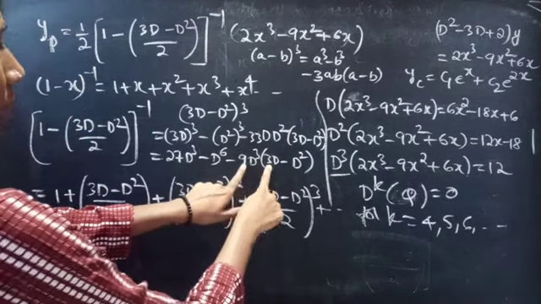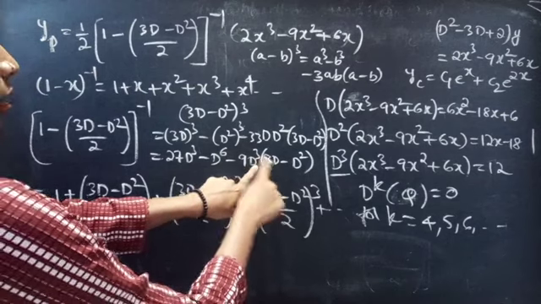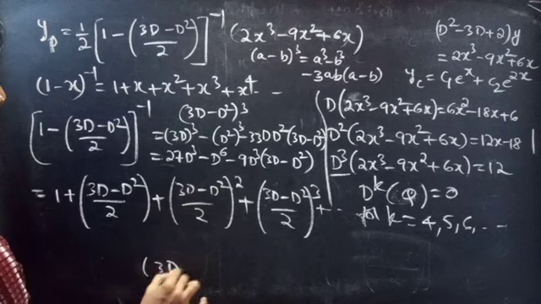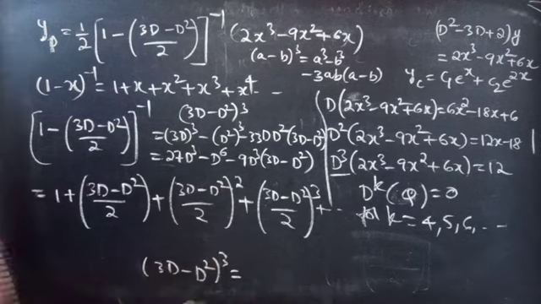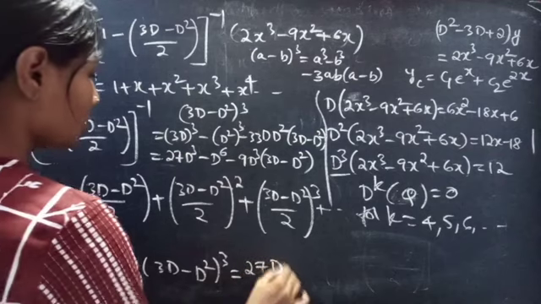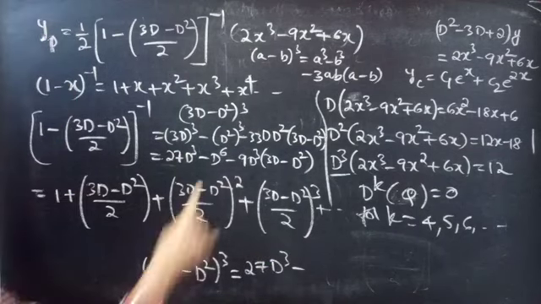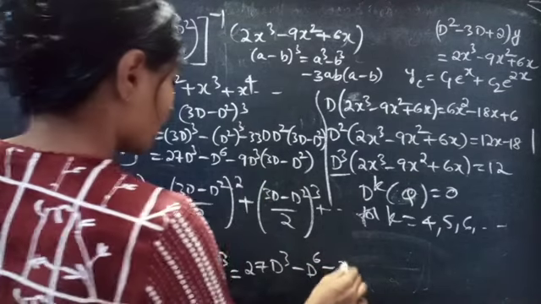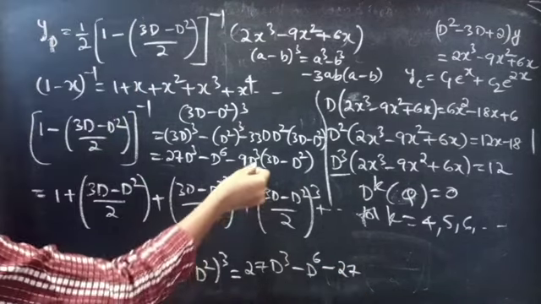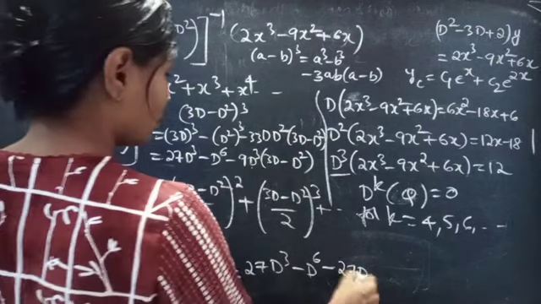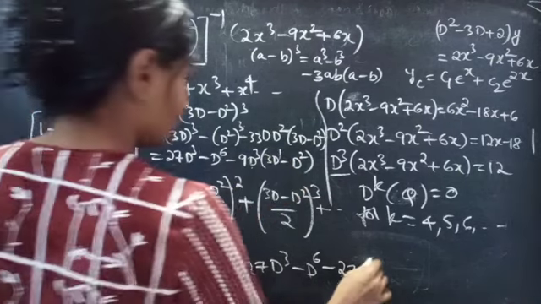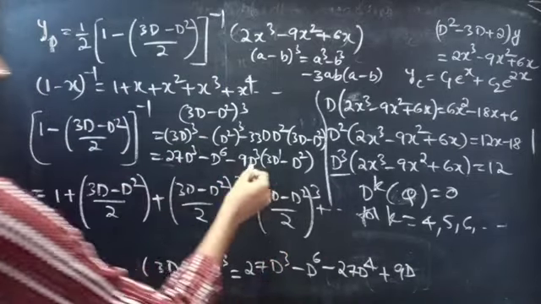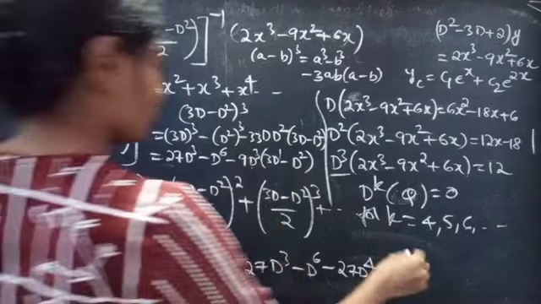9d into 3d, 9 threes are 27. So (3d minus d square) whole cube is 27d cube minus d power 6 minus 27 d cube into d, which is d power 3 plus 1, 4, minus into minus plus 9 d cube into d square, which is d power 5.